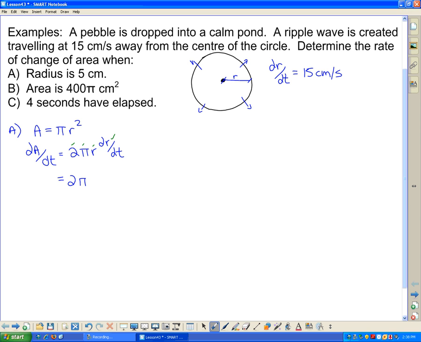So 2 pi times 5 times 15. So 2 times 15 is 30, so 150 pi centimeters squared per second.